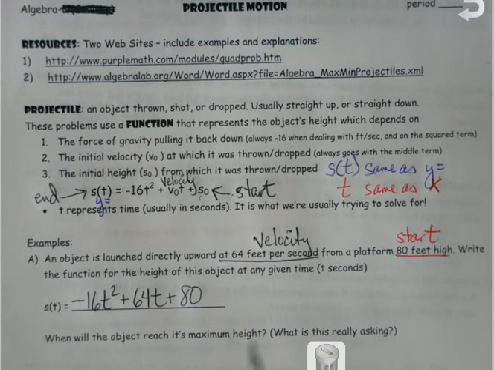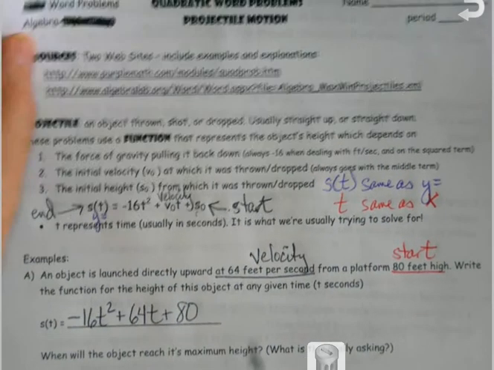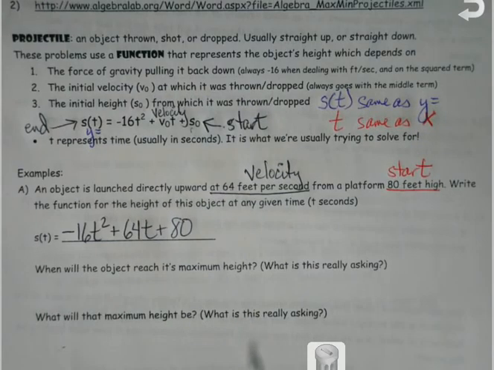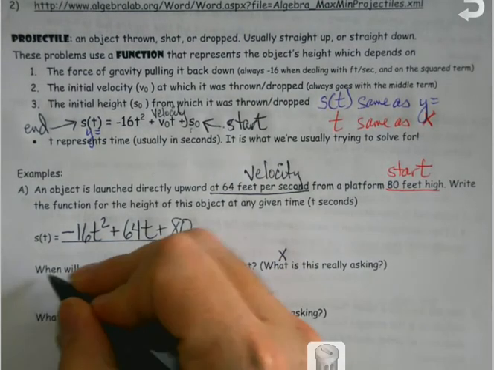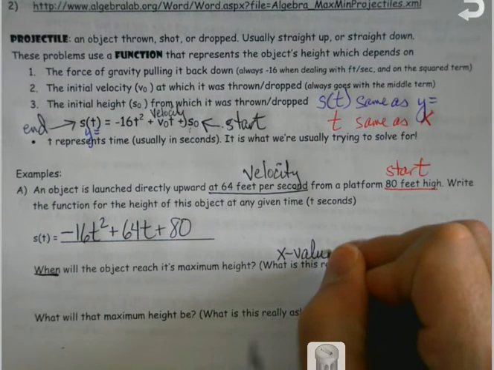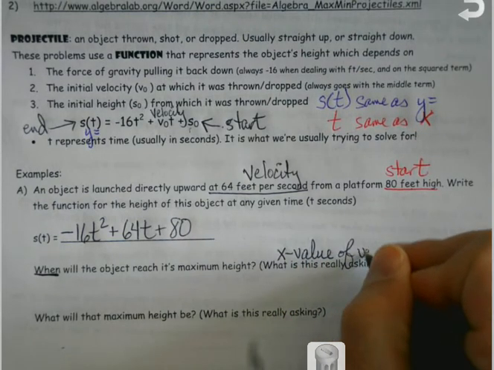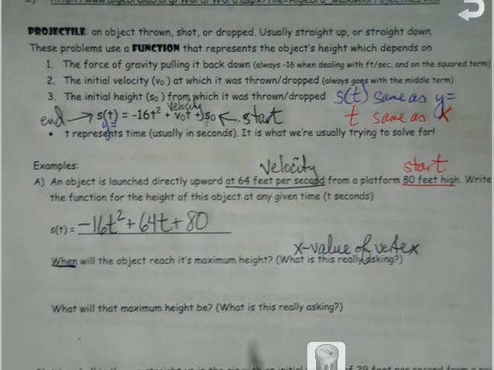If I know how long it's been, I can plug that number in and tell you how far it's been going along. So when this says, when will the object reach its maximum height? What is this really asking me for? It's asking me, when it says when, it's asking me for the x value of the vertex, because let's think about this for a minute.